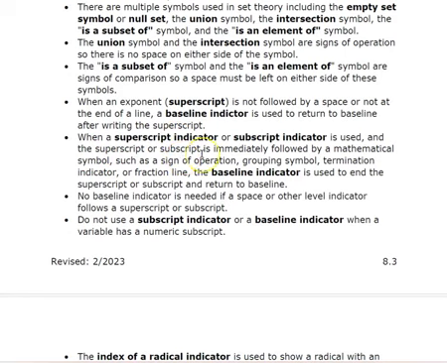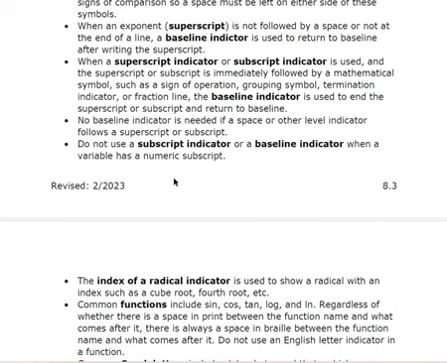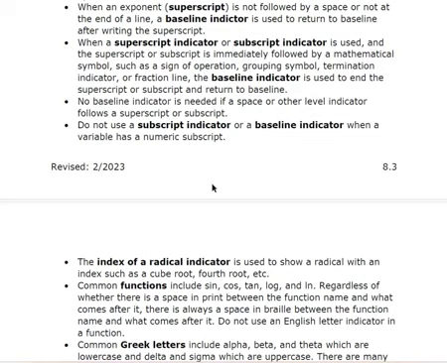When a superscript indicator or subscript indicator is used, and the superscript or subscript is immediately followed by a mathematical symbol, such as a sign of operation, grouping symbol, terminator, indicator, or fraction line, the baseline indicator is used to return to baseline. No baseline indicator is needed if a space or other level indicator follows a superscript or a subscript. Do not use a subscript indicator or baseline indicator when a variable has a numeric subscript.